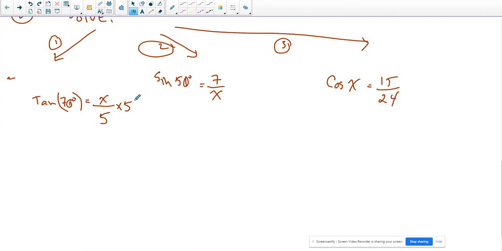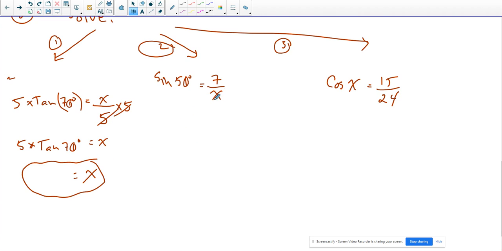So I'm going to multiply both sides by 5. Those are going to go away, and we have that x is equal to 5 times the tan of 70 degrees. And we could just type that into our calculator and get a result. We'll do that in a minute, but there it is, easy peasy.